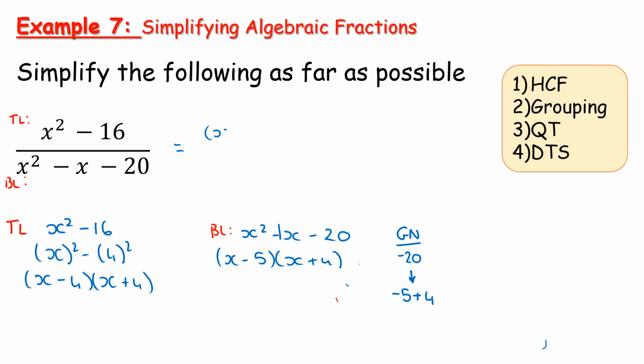This gives me x minus 4, x plus 4. Here, x minus 5, x plus 4. We have an x plus 4 common above and below, and that gives us x minus 4 all over x minus 5. And we cannot simplify any further.